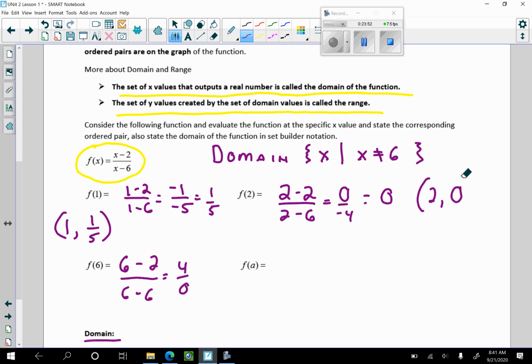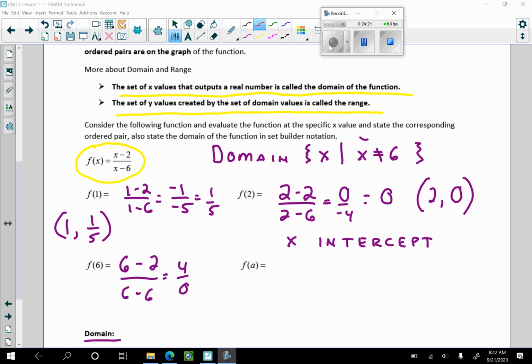And we know when the y coordinate is 0, this is going to be the x-intercept of that function. Here's a side note. Does that function have any other x-intercepts? Is there any other place that function will have an x-intercept?